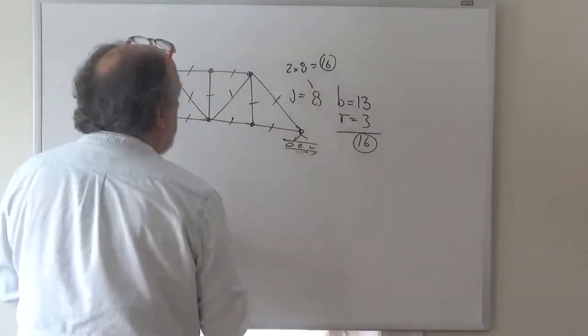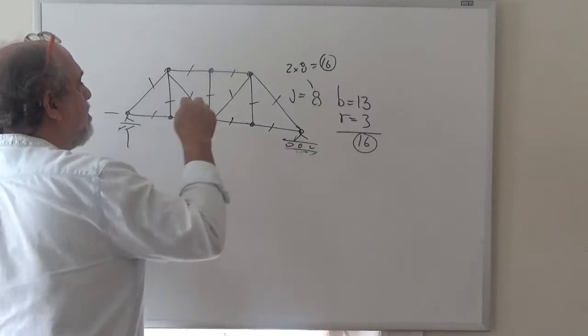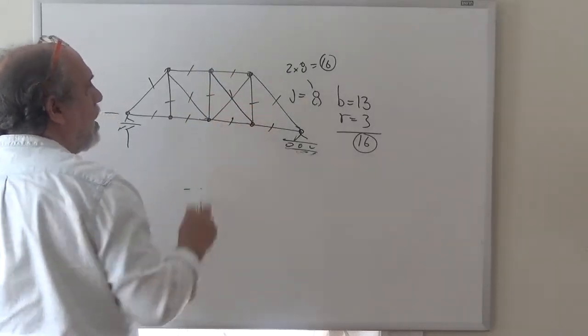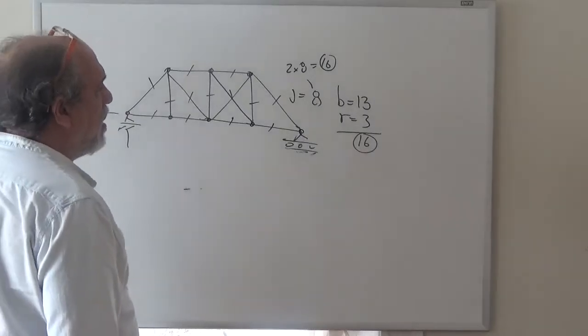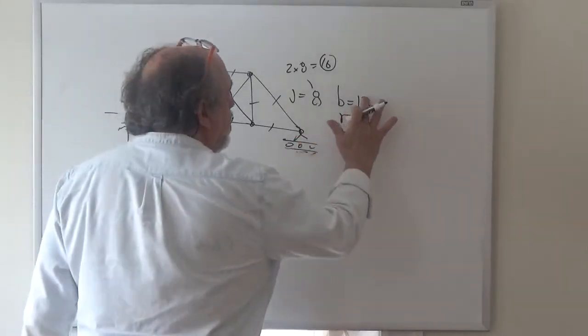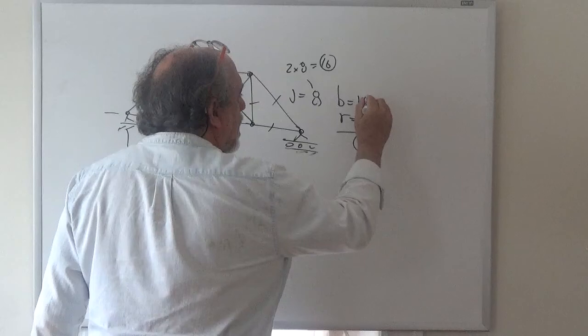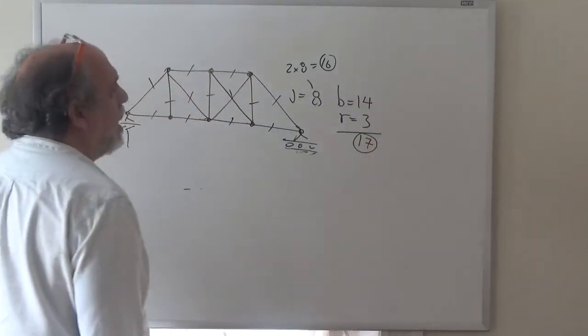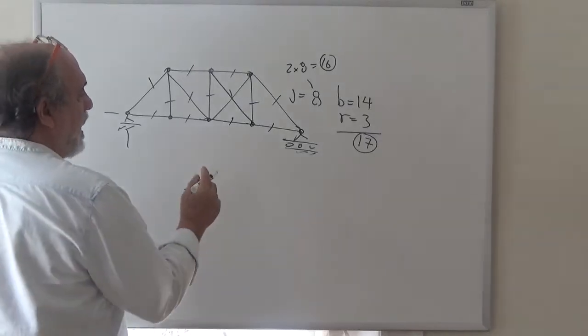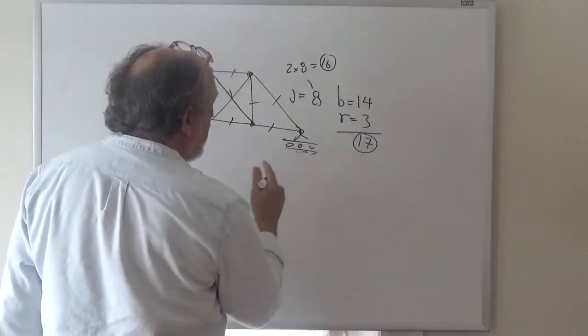If in this problem we went like this and added another bar there crossing, then the number of bars would not have been 13, it would have been 14, and so the total number of unknowns would have been 17. And then we would have said that the structure is not determinate, it's indeterminate.